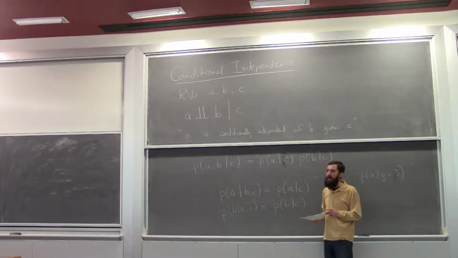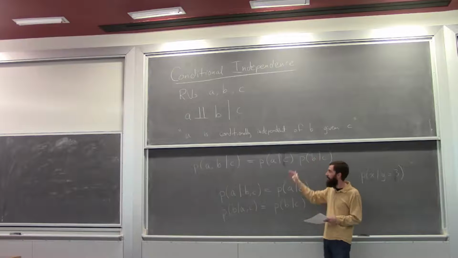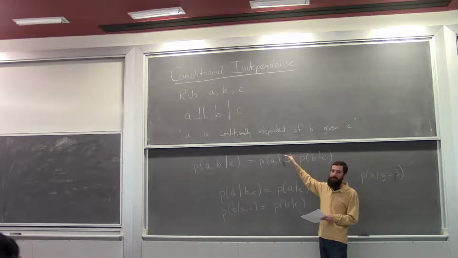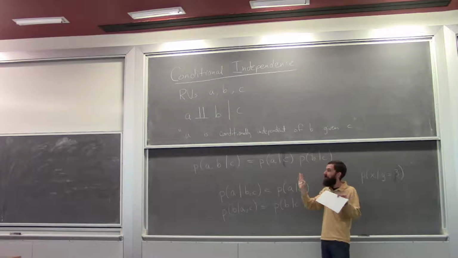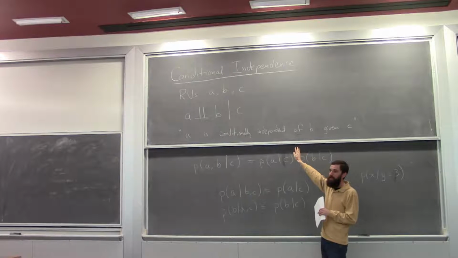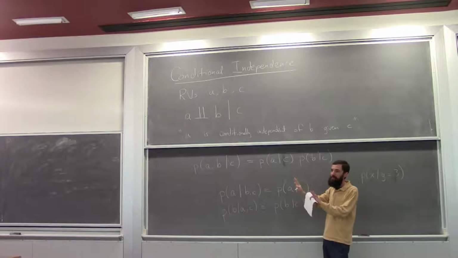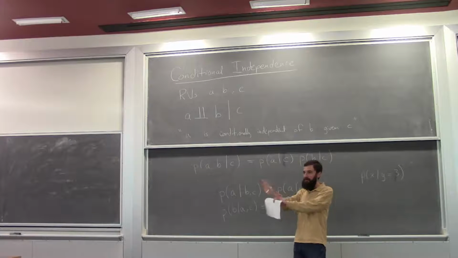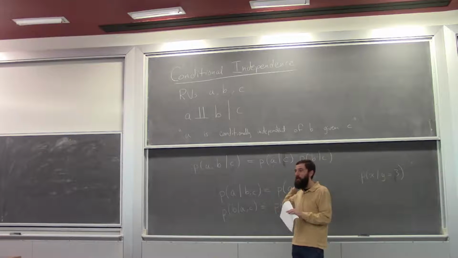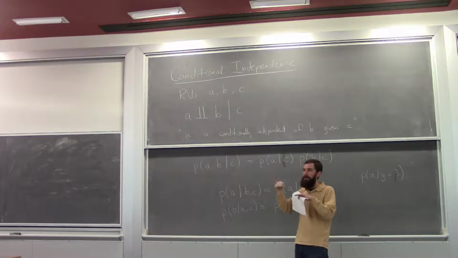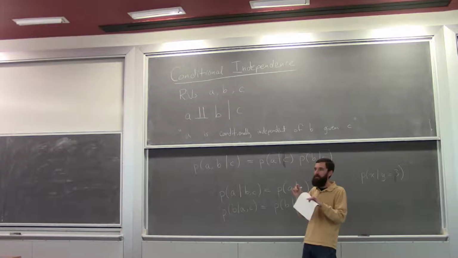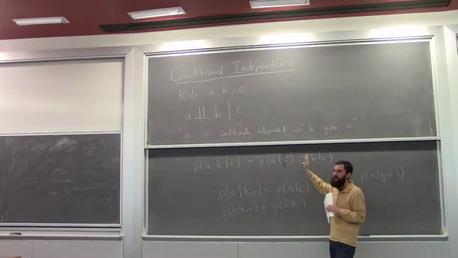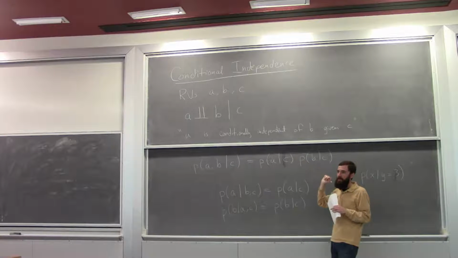That's a great question to bring up. This is distinct from independence. If you know the conditional independence, it doesn't tell you whether A and B are independent of themselves. But if you know the graphical model that explains how the joint distribution breaks down, you can say something about whether they're independent or not. We'll see that in a second.